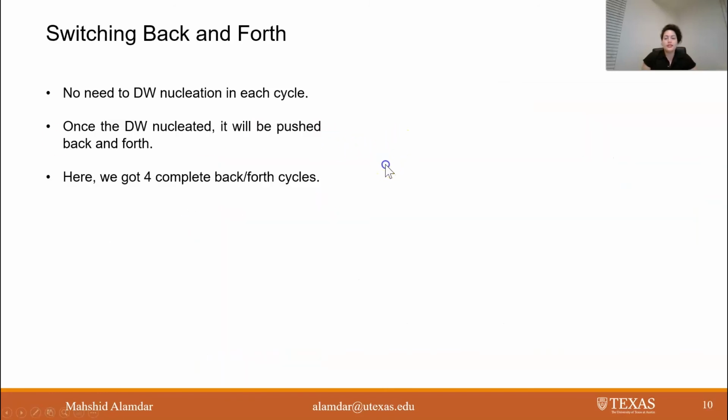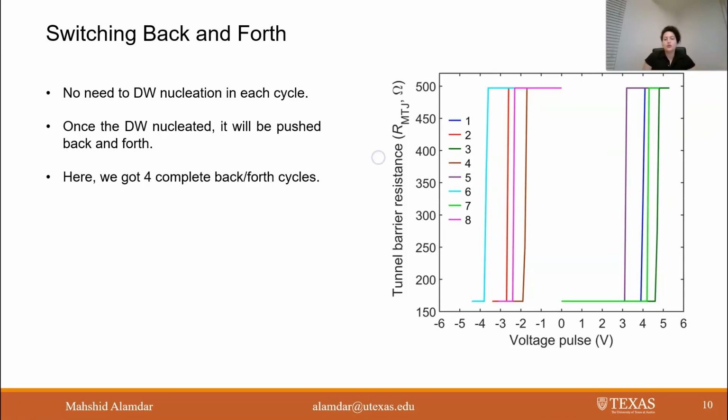In an operating circuit, it's expected the domain wall will not have to be nucleated often, since once created, it will be pushed back and forth with nucleation used to refresh the data when needed. So the write-reset cycle-to-cycle behavior is shown in this figure. First, the device is saturated in the antiparallel mode by applying a minus 120 millitesla bias field.